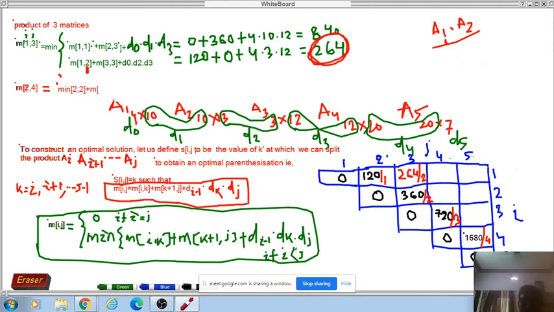Very good. 3 comma 4. Then plus D1 dot D2 dot D4. Very nice.